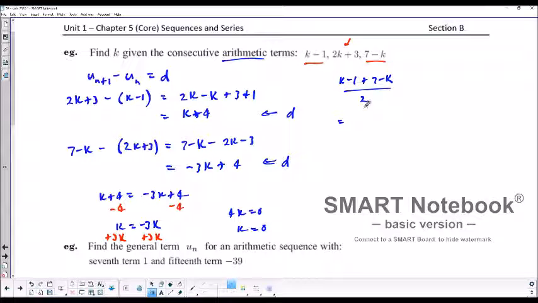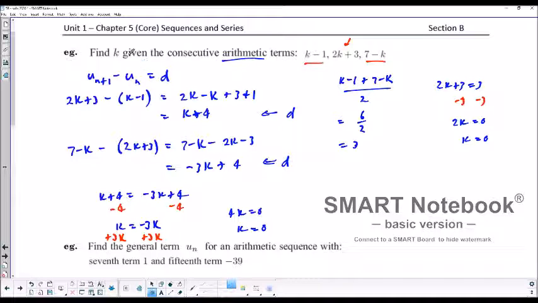When we add that together, k minus k is 0, so we're left with 6 over 2. So the average is 3. Therefore, that middle term, 2k plus 3, has to equal 3. And of course, we subtract 3 from both sides again. And so we're left with 2k equals 0, and therefore k does equal 0.